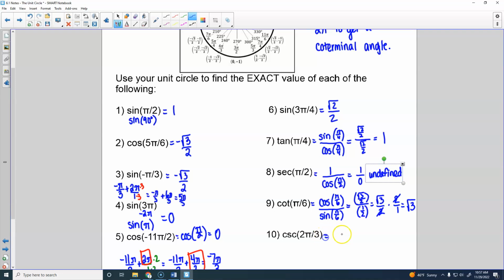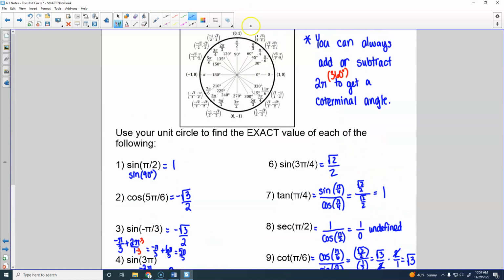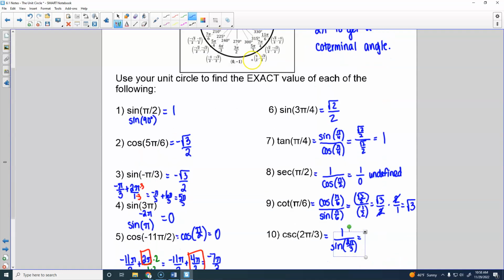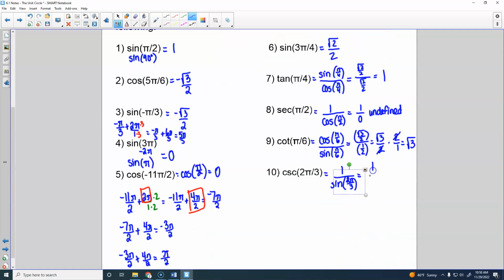You'll just get square root of 3. Alright, I'm going to do this last one. I'm going to let you guys do some of these others on your own. So 1 over sine of 2 pi over 3. Sine of 2 pi over 3 is our y-coordinate. It's going to be square root of 3 over 2. So I get 1 over square root of 3 over 2.